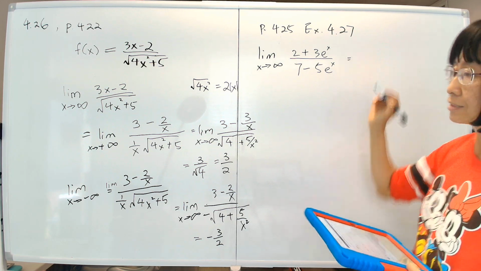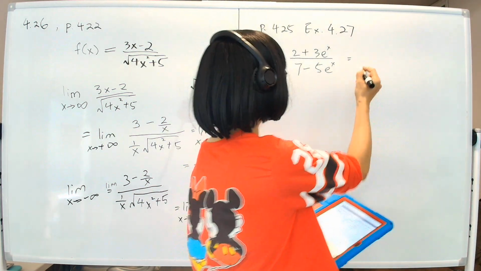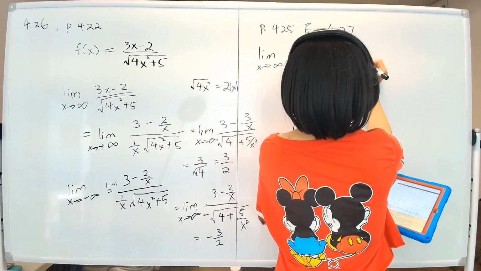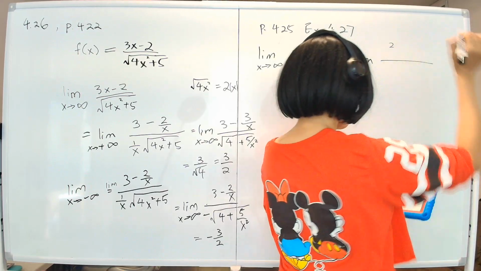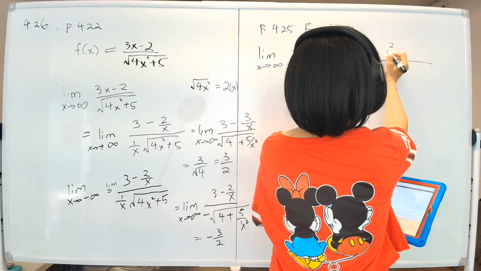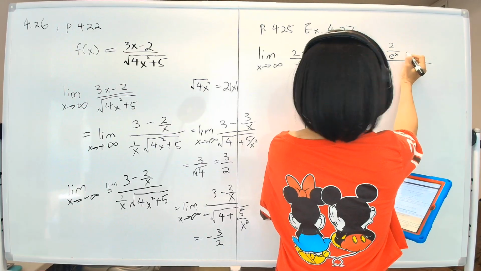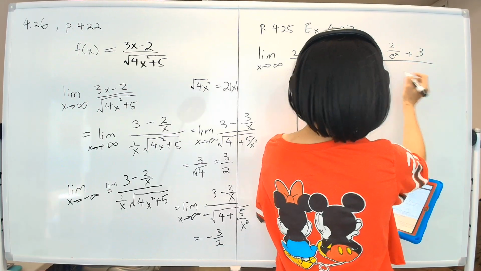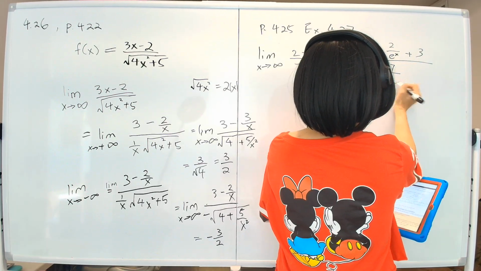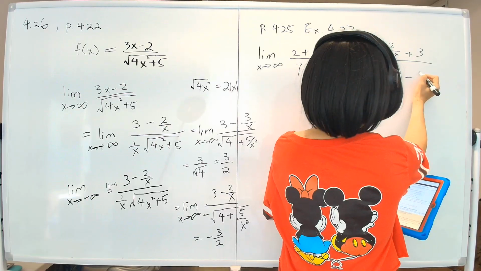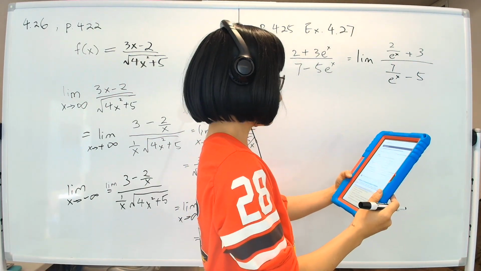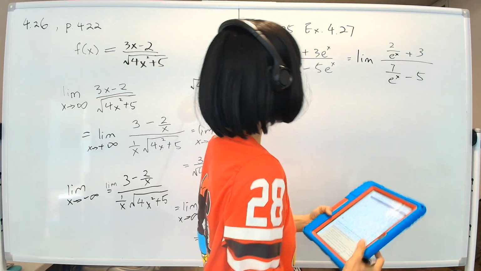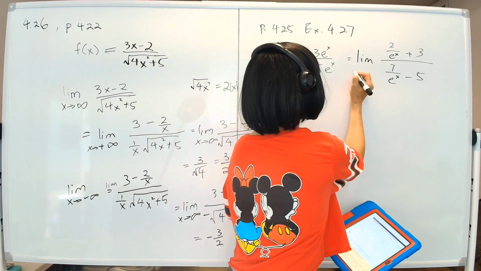So we do the division, and we get the limit of 2 divided by e to the power x, plus 3, and then 7 divided by e to the power x, minus 5. The other e to the power x gets divided out. So we got this, and then we let x go to positive infinity.